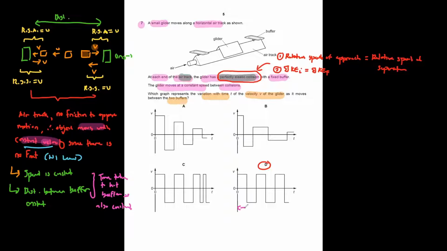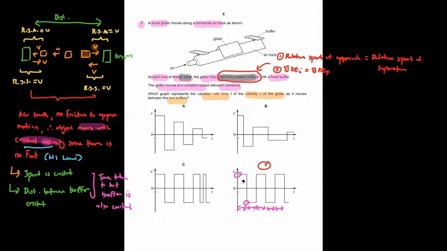See, this is the time to hit the buffer. All of them are constant. This one could be you hitting the first buffer, this could be you hitting the second buffer. So the time between your buffers is actually constant here.